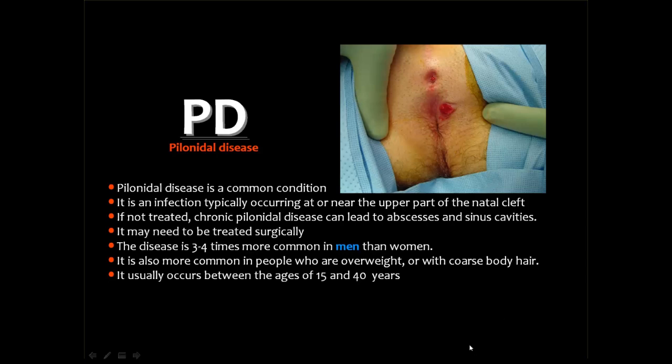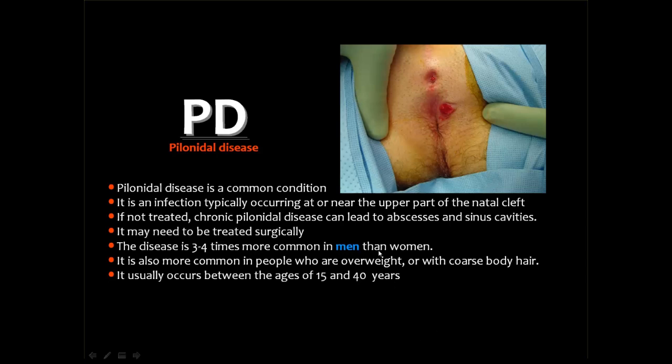Pilonidal disease is an inflammatory condition in the subcutaneous tissue and the skin of this area, which may lead to the formation of abscesses and sinus cavities. Rarely, it may produce a fistula tract.